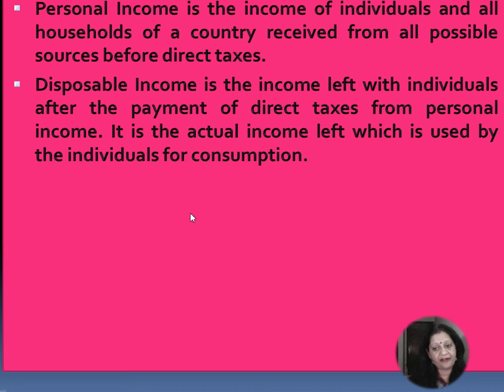After paying all the taxes and all the expenses, if he is left with the amount of 50,000, then the leftover income of 50,000 is known as the disposable income, and that 50,000 he can use for his consumption. So the leftover income of the individual for his consumption is known as the disposable income.